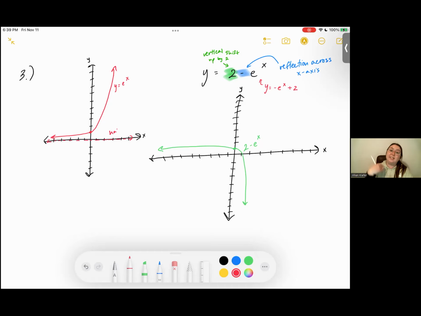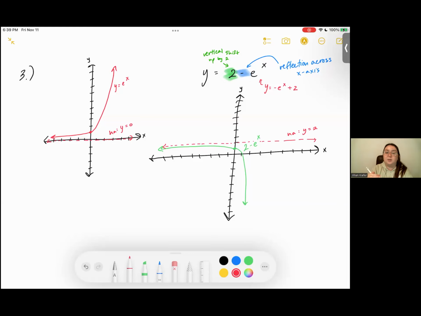When we reflected it, that horizontal asymptote didn't change, but then we moved everything up 2, which means that we also moved the horizontal asymptote up 2, which tells us the horizontal asymptote is right here at y equals 2. So we moved it up.